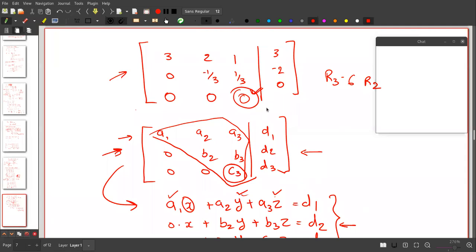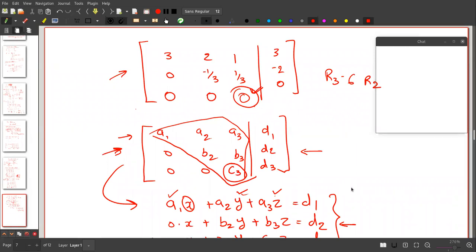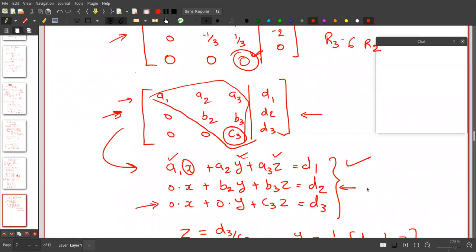It's actually a problem. If you have a 0 here, you cannot make it exactly in this form, because C3 is 0, so you cannot calculate z here. If you cannot calculate z here, how will you calculate y? And then if you cannot calculate y, how will you calculate x? So it's a problem.